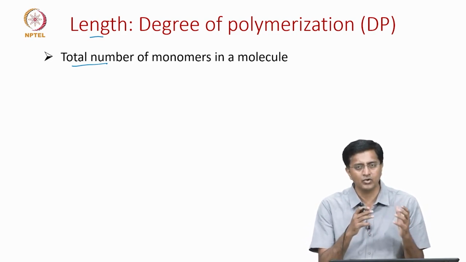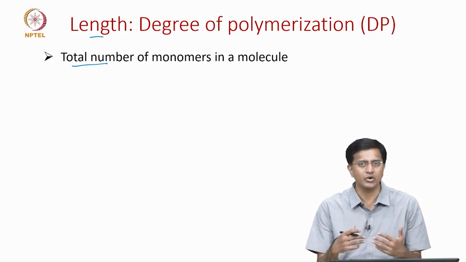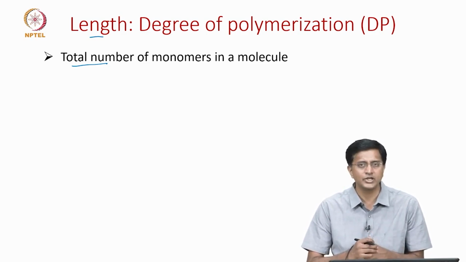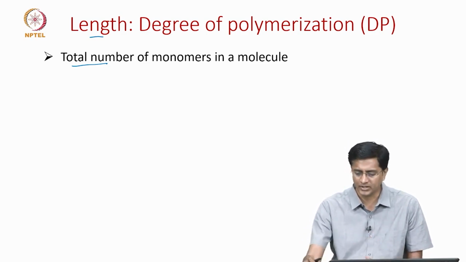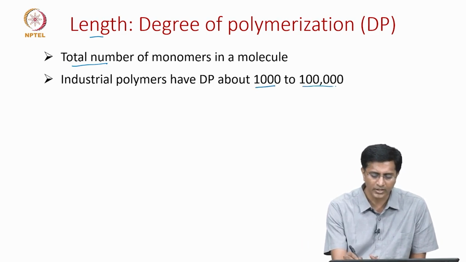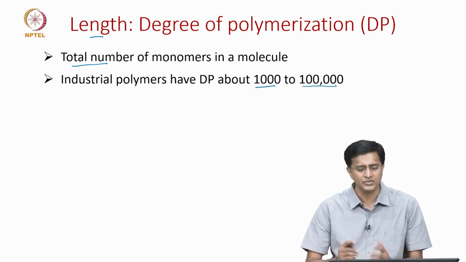So if we have two or more monomers, we should be calling them a polymer. But the question is, in industrial polymers, what is the typical value of this degree of polymerization? It turns out it is about 1000 to 100,000. So these are the average values. Probably there are some specific polymers which are slightly less or larger, but most of the polymers fall in this range.